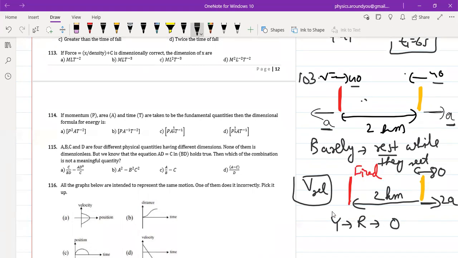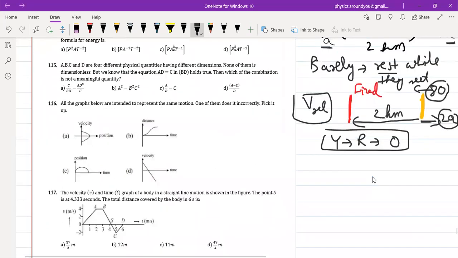When yellow touches red, yellow should come to rest, because only then the accident will be avoided. So here it is. Initial velocity of the yellow is 80 towards left, 2a acceleration towards right, and the displacement is 2 kilometers towards left.